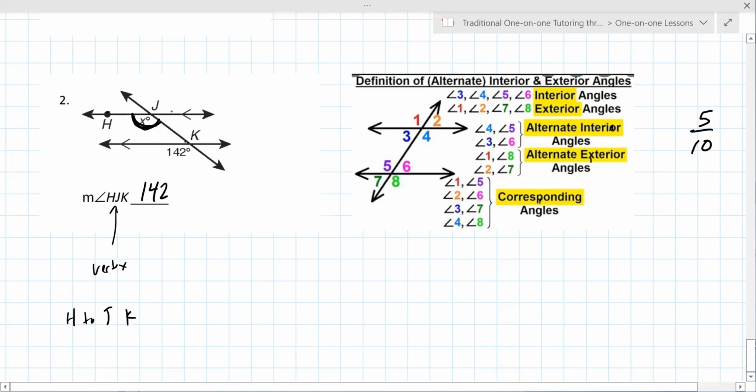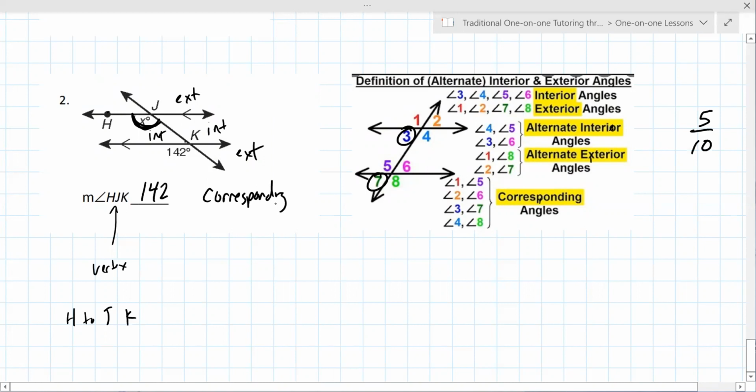And why is this angle 167 degrees? Is it alternate interior, alternate exterior, corresponding, vertical? It's a corresponding angle. Yes. You don't have to say that two parallel lines are cut by the transversal. You just have to say they're corresponding.